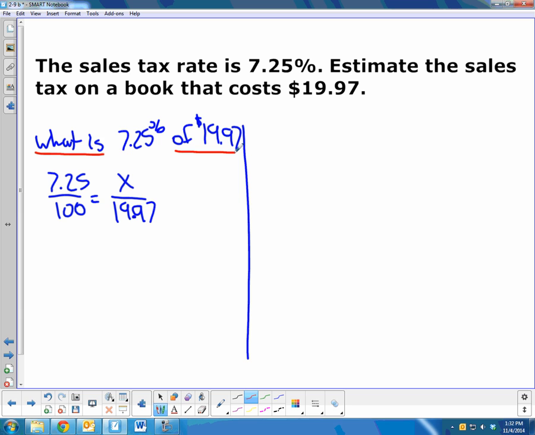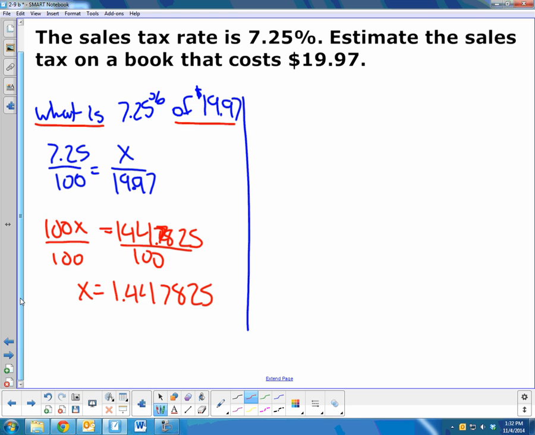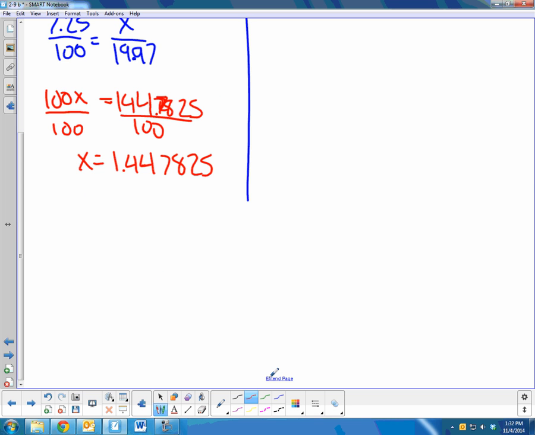If I do 7.25 times 19.97, I'm going to get 144.7825 equals 100x. Divide both sides by 100. I'm going to get that x equals 1.447825. But again, we can't put a dollar sign on that. We wouldn't ever write money like that. So we need to round it to the penny.